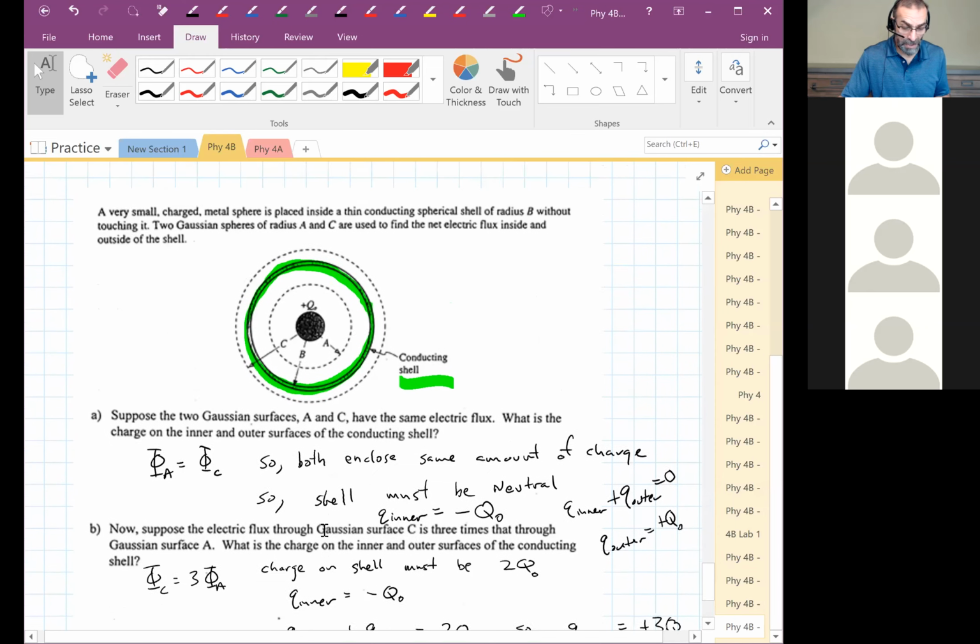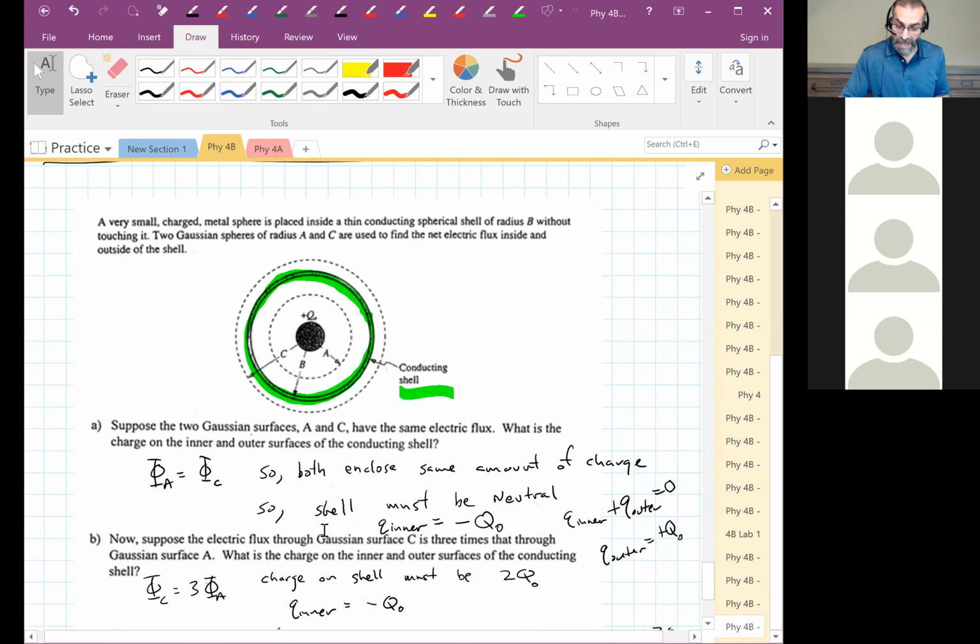Question about the inner and the outer surface. A is inside a Gaussian surface. A is here. This is a Gaussian surface inside, smaller than the shell, inside of the shell. The shell is out here.